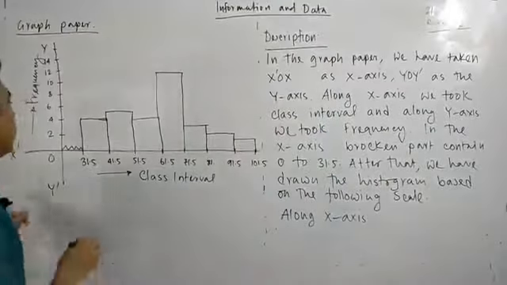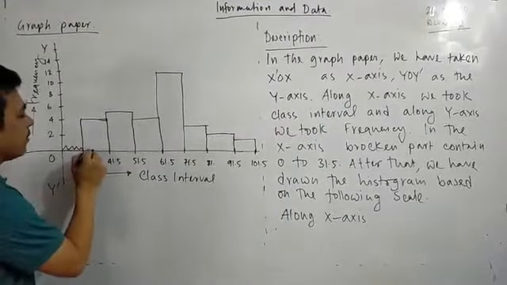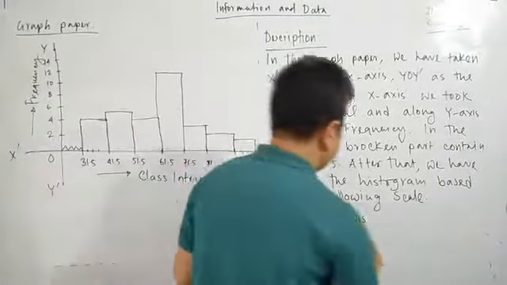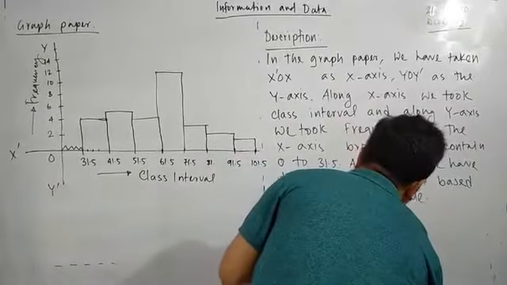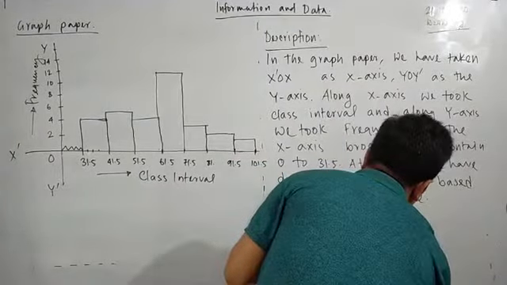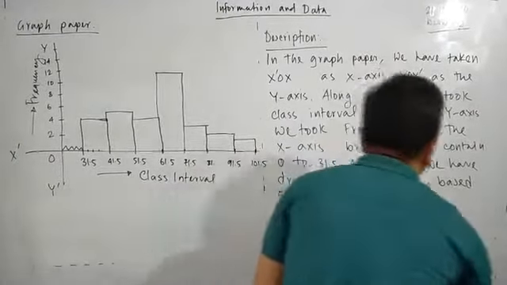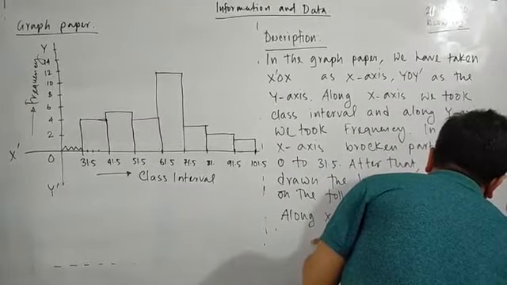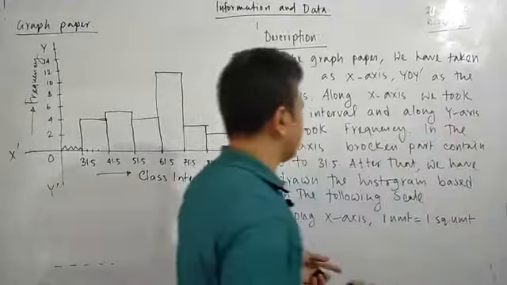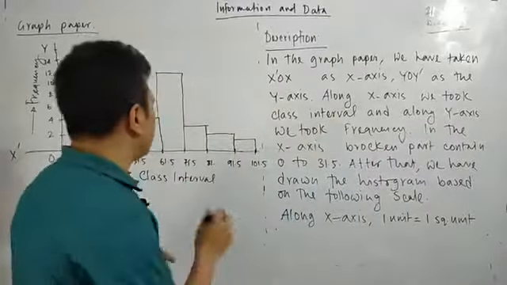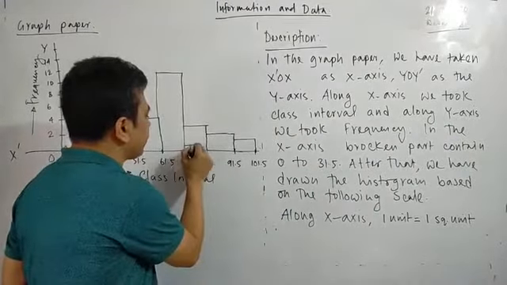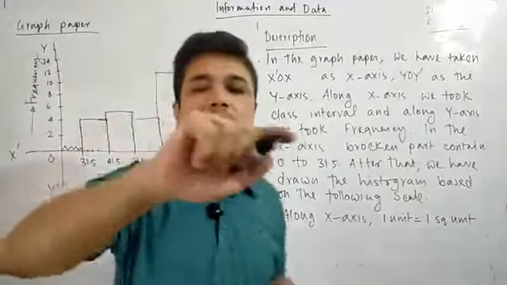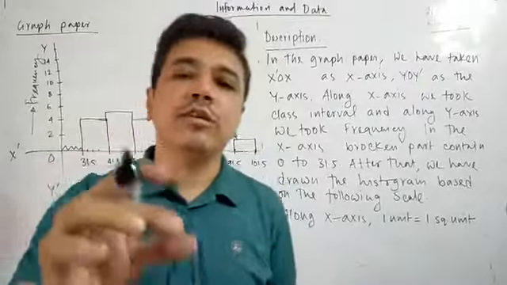Every single square you can consider as one unit. So along the x-axis, 1 unit equals 1 square unit in the graph. In the graph paper you will get it this way, every single portion is a square.